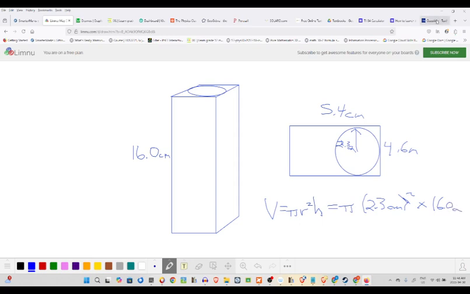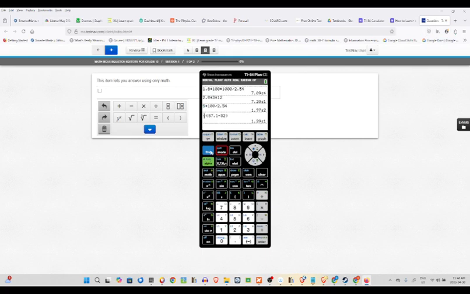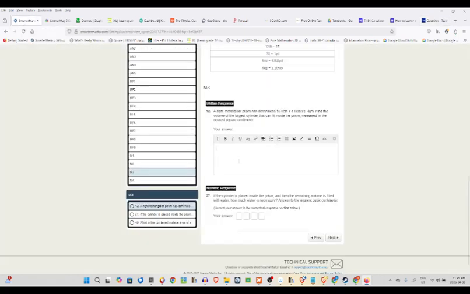So pi times 2.3 squared times 16 is pi times 2.3 squared and our 16.0. 265.9 is the volume to the nearest square. Is 266 centimeters squared. Of course, for full credit, you need all the steps, not just the number.